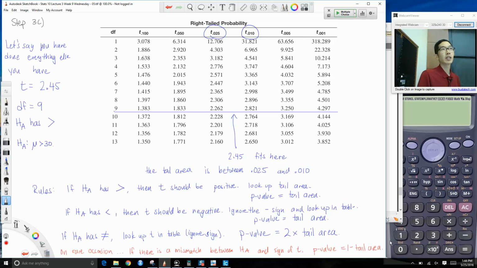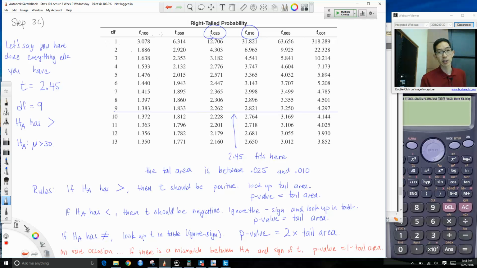So it's like, do we have evidence that the average weight of cows is over 2,000 pounds? And then all of your data shows that the average weight is less than that. Of course, you're not going to have any evidence to support that the average weight is over that. So then there would be a sign mismatch, and then your p-value will end up being very, very large.